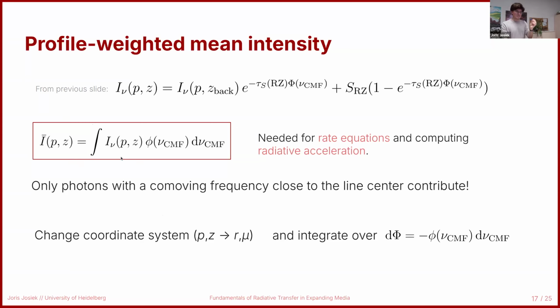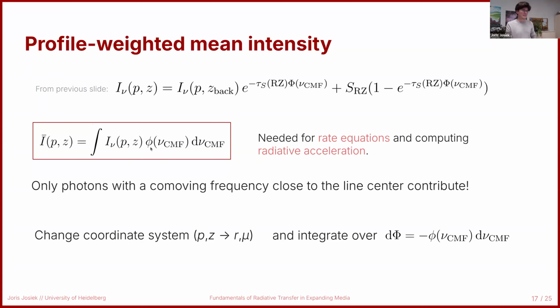So at a certain point in the star, in order to calculate interaction with matter, we only want to know the intensity over this line profile. Mathematically, in this term, it means that this nu of the intensity has to be close to the center line frequency in the comoving frame.